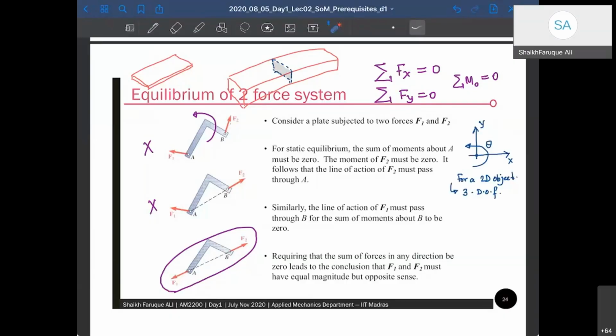So as I was discussing, the body is not allowed to move along x, nor along y, nor rotate along theta when it's in static condition, right? Static condition means it cannot move along x. So if it cannot move along x, what do we have to do? We have to enforce that it doesn't move. How do you enforce? We put a force in that direction, right?